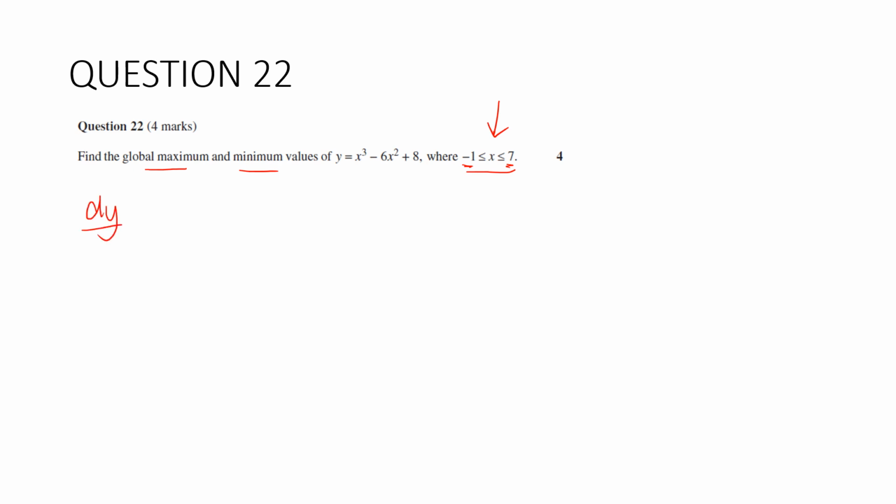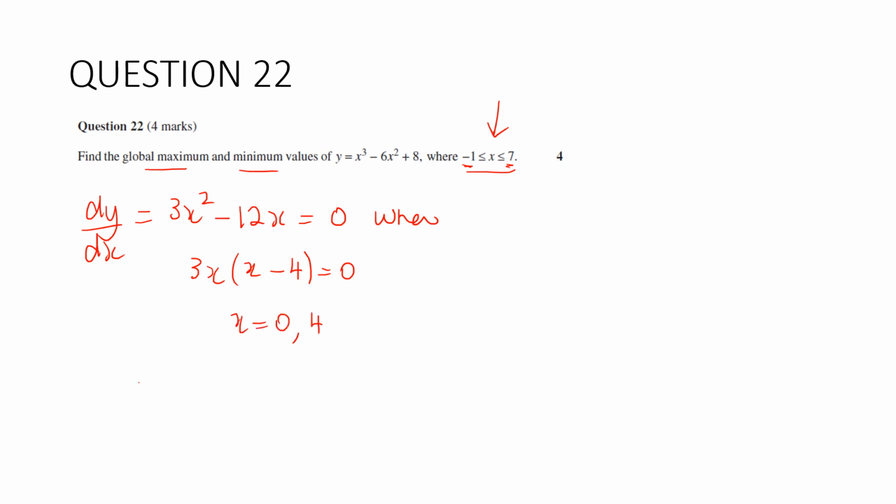So dy/dx is equal to 3x squared minus 6 2s are 12x, and that's it, equals 0 when, let's factorize this, 3x(x minus 4) is equal to 0. So x is equal to 0 or 4.